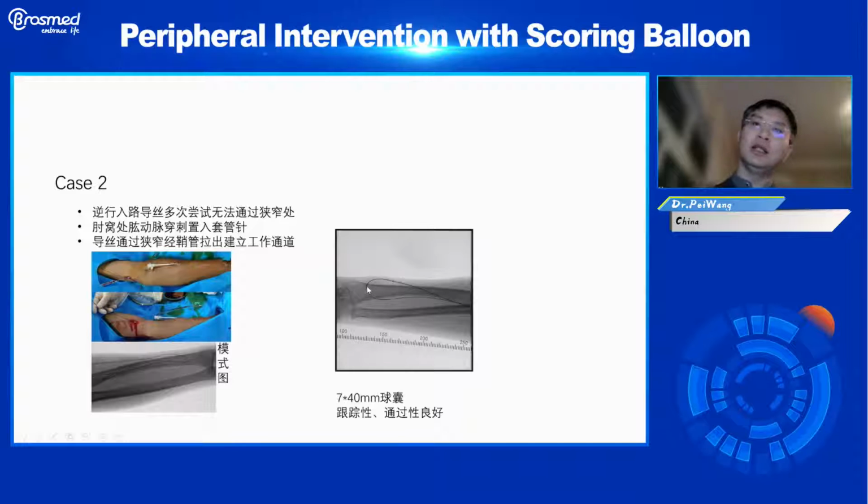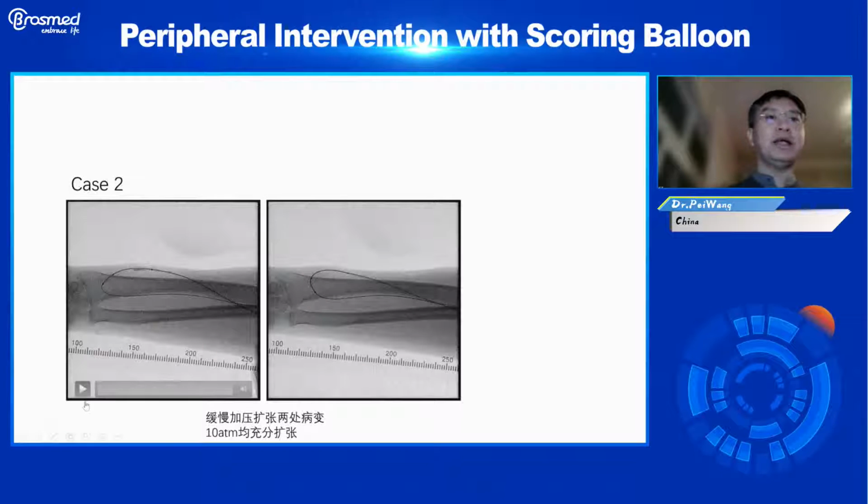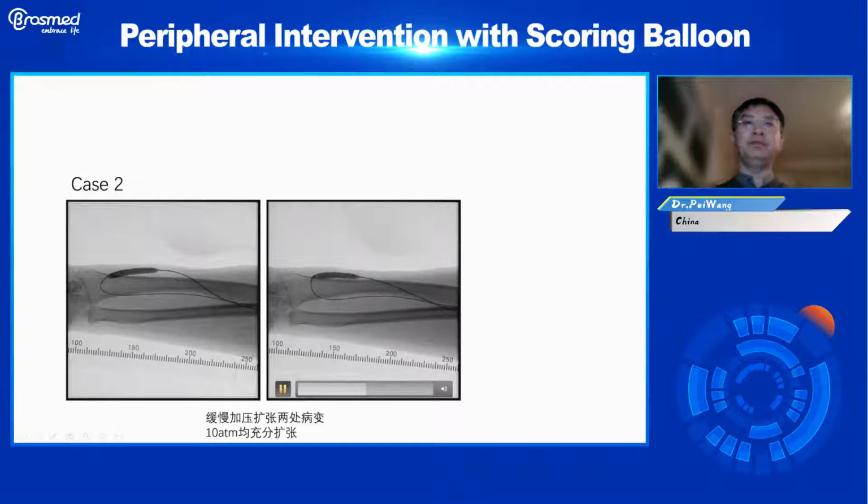The angle is far greater than the cutting balloon or the conquest balloon in terms of the traceability. During the dilatation, we could see it was opened at 10 ATM, and the lesion was totally opened.